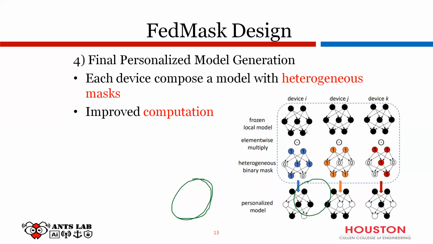So the local models are all still the same. What is different is that they have their own heterogeneous binary mask. After this, they can generate their own personalized model. That's how they mentioned the personalization part.